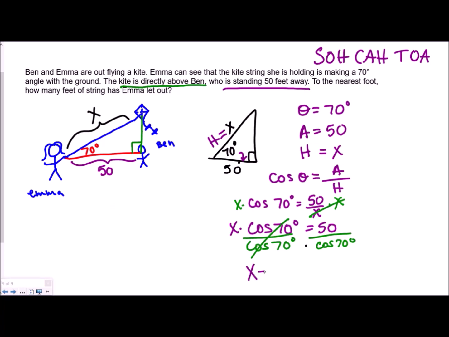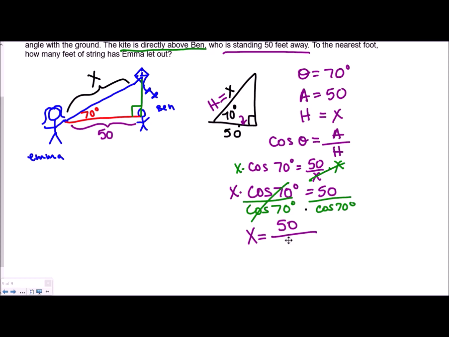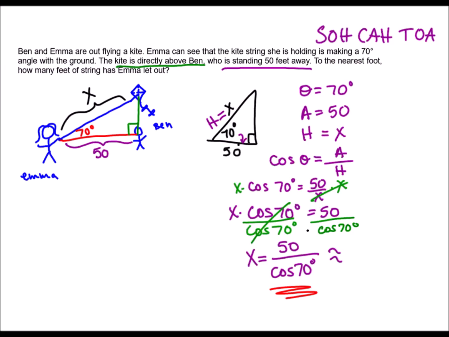Okay, x equals 50 divided by the cosine of 70. That is about 146 feet. Makes sense, you know, 50 feet out, all the way up into the sky, 146 feet.